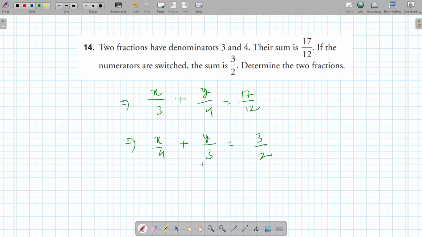We have a system. We have two equations and we have two unknowns. So we can definitely solve this. What will be our approach? Could you do elimination? Okay, if you want to do elimination, what do we multiply this by?